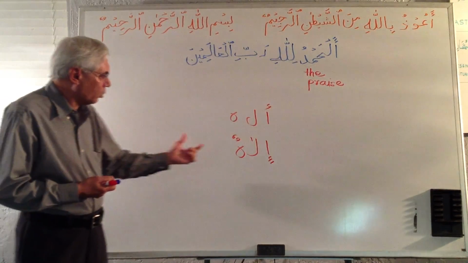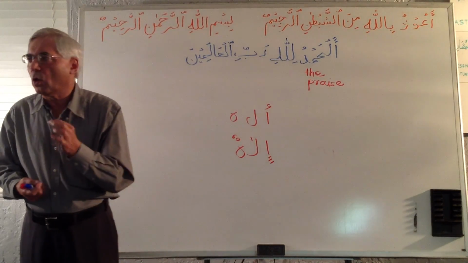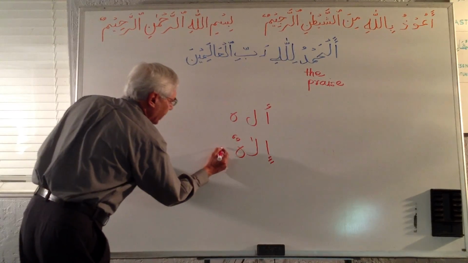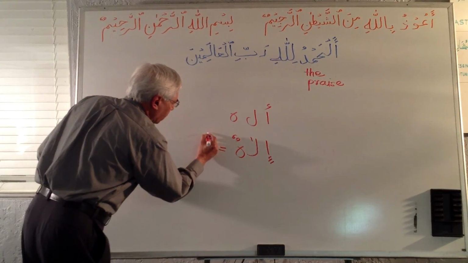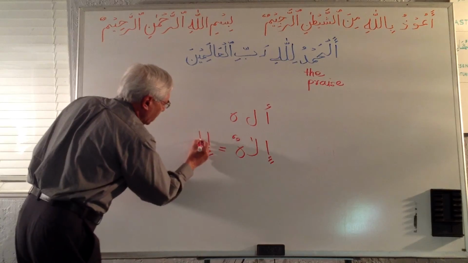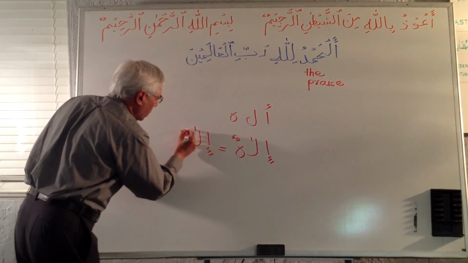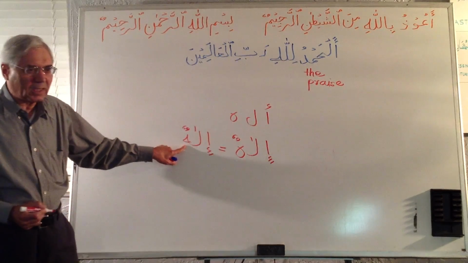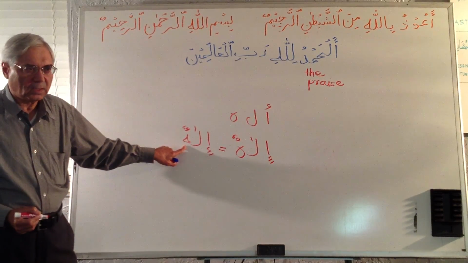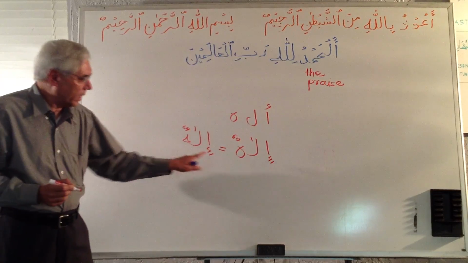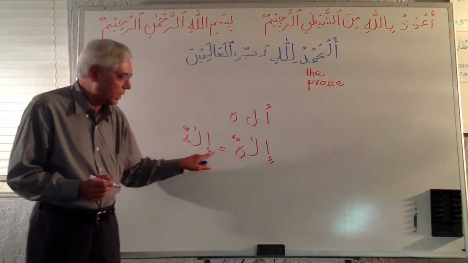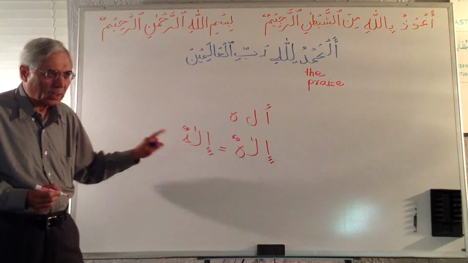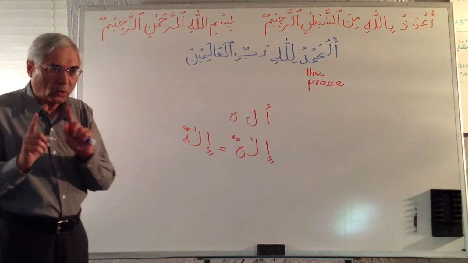So the word is pronounced ilahun. If I write it all together, it will be ilahun. When this ha is written at the end, it is written like this. This is just a different way of writing. If this round ha is the last letter, then we write it this way. Ilahun. It's a noun.